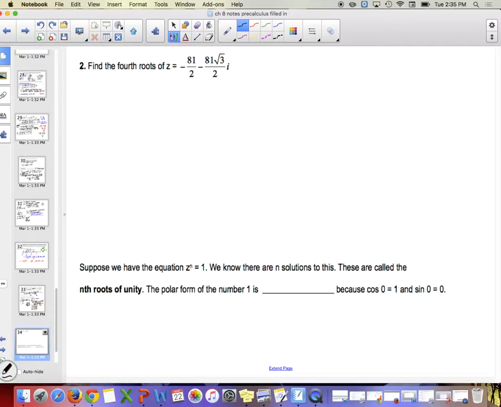All right, so for our trigonometric form, we're going to find r. So I'm going to have negative 81 over 2 squared plus negative 81 root 3 over 2 squared. So we find that. Okay, use your calculator.